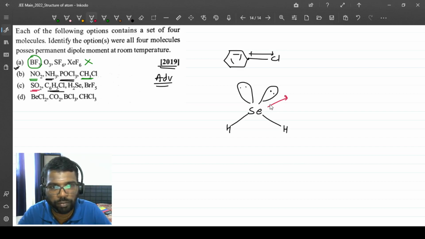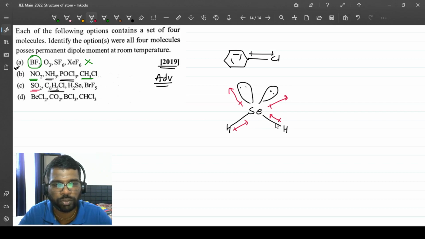There won't be an exact cancellation of the dipole moment because two are lone pairs and these are the bond pairs. Even if it is having some dipole moment, we should show it this way. Hydrogen is more electropositive than selenium. So here also there is no cancellation of the dipole moment. So this is also showing a permanent dipole moment.